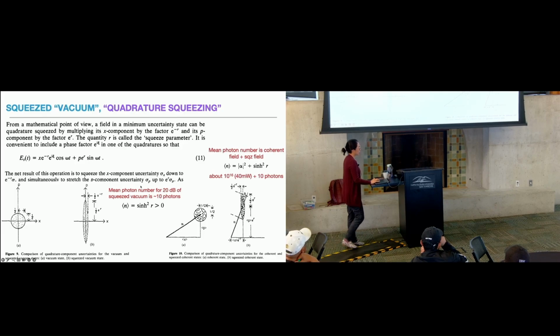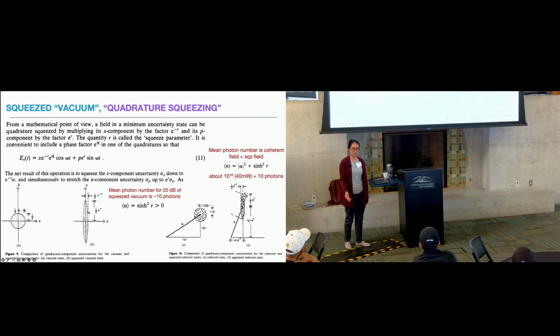And something I want to point out is that I'm calling this squeezed vacuum, but squeezed vacuum is not a zero photon state, right? You're putting energy into a pump, and you're creating a laser beam with correlated photon pairs. We'll talk about that in a second. But for example, if you generate about 20 dB of squeezed light, what you're talking about is the ellipticity of the error ellipse.